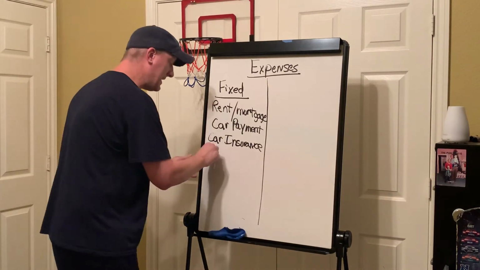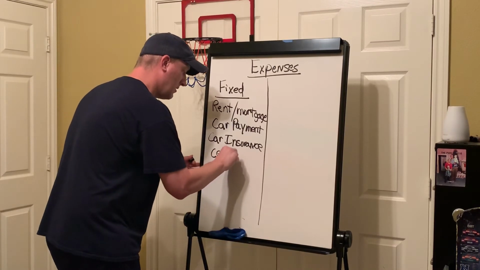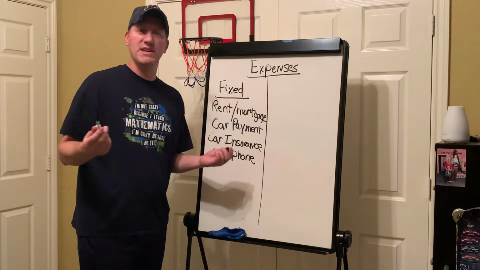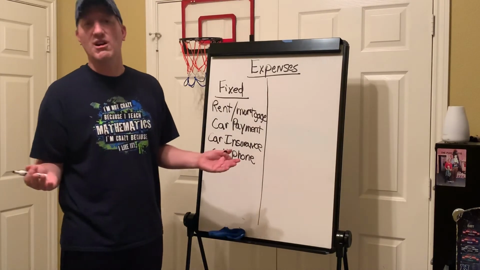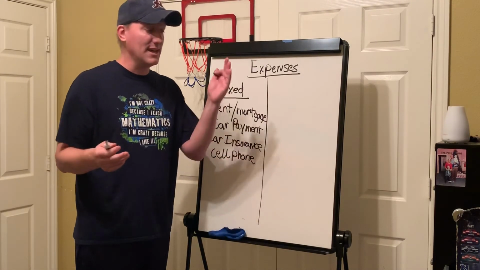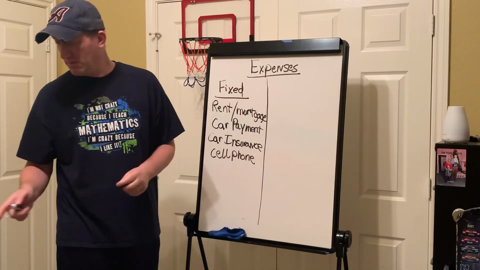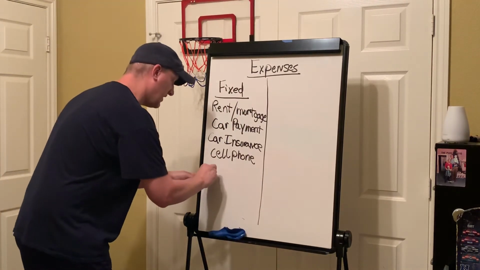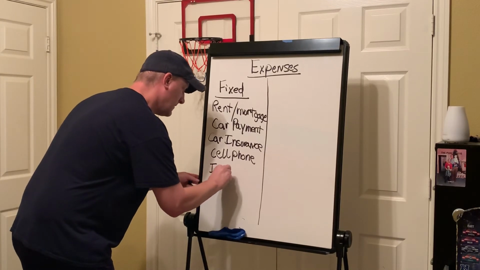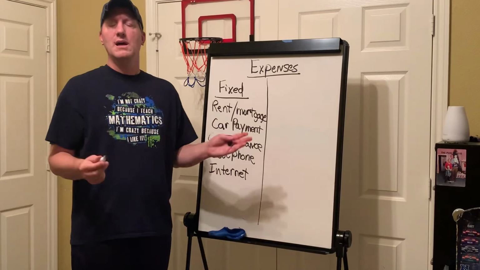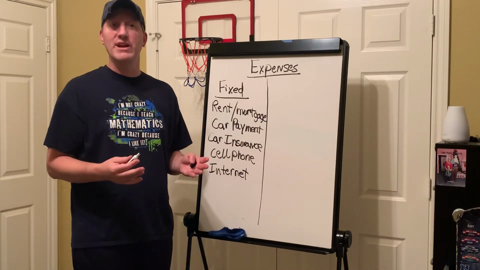My cell phone. So my cell phone is fixed. No matter how much I talk on it, no matter how much I text, it's the same every month. So I pay the same payment every month. My internet. So with this online school, I'm using my internet a ton.